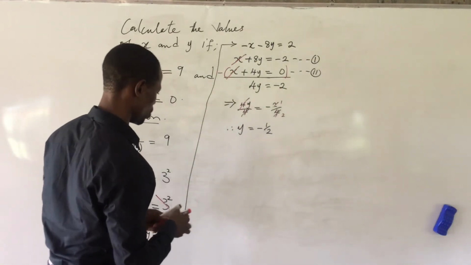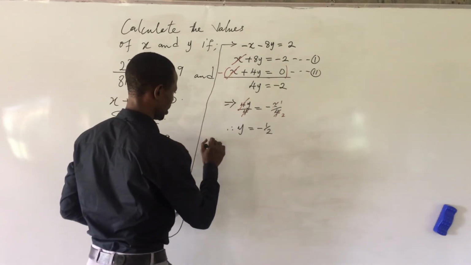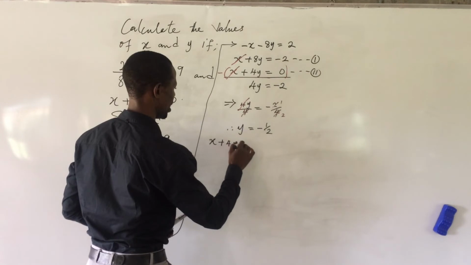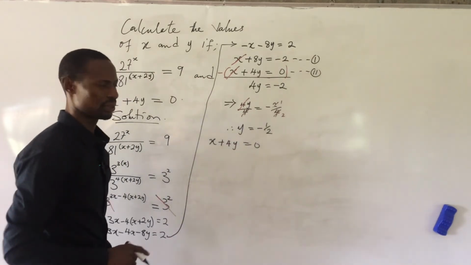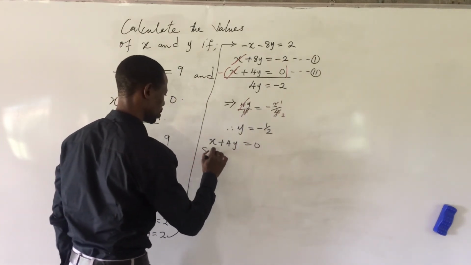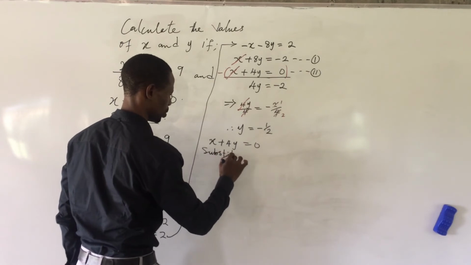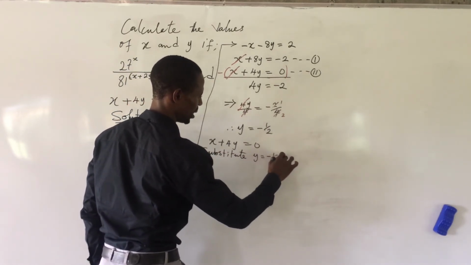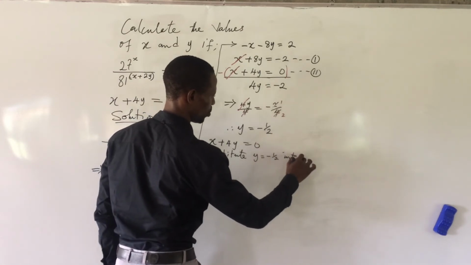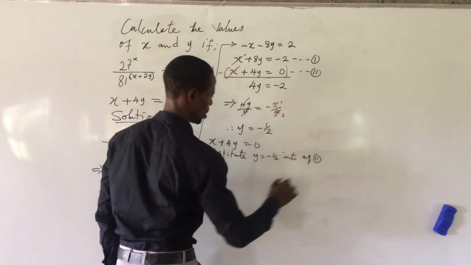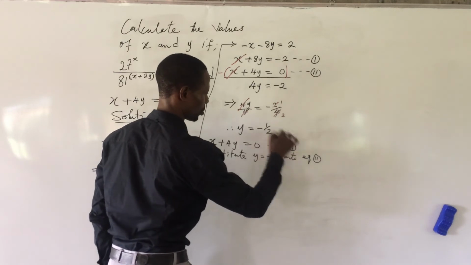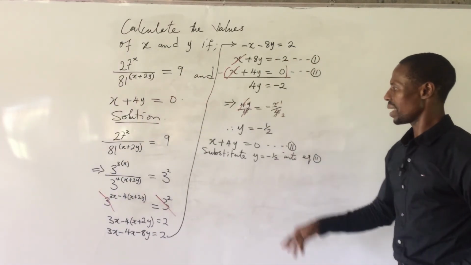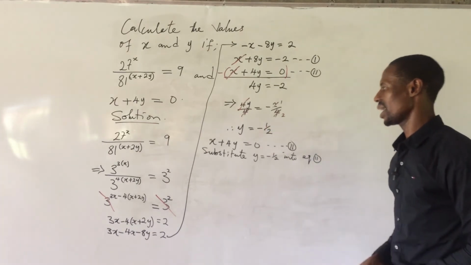So equation 2 says that x plus 4y equals 0. So we can now substitute y equals minus 1 over 2 into equation 2, because this is your equation 2. So wherever we see y, what do we put there? Minus 1 all over 2.